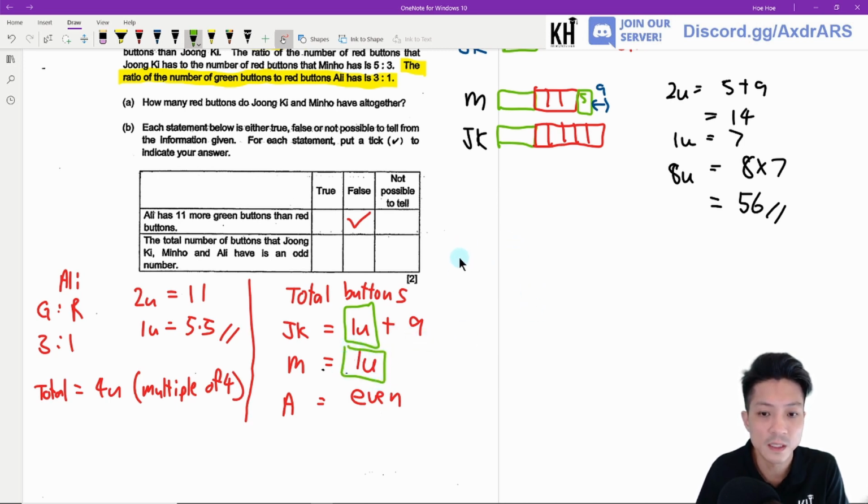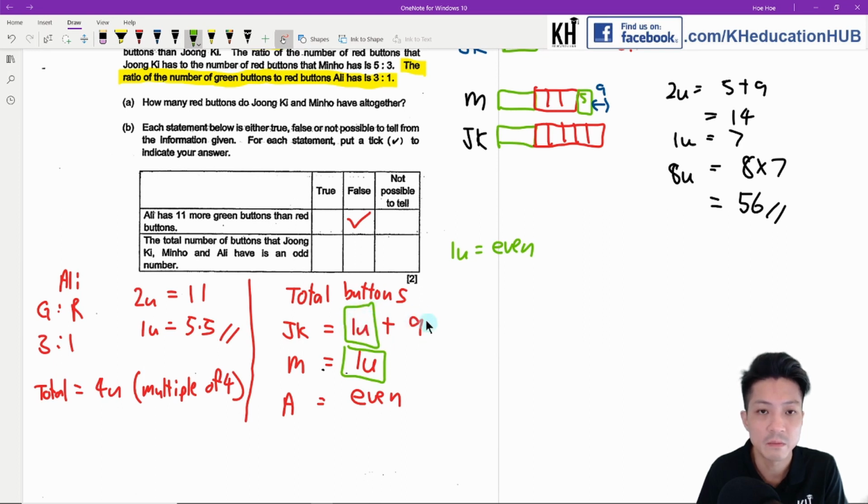Okay, let's say 1 unit is gonna be even, then an even number plus an odd number will still give you an odd number. Okay, and if these two are even numbers, it means that overall the total will be odd.